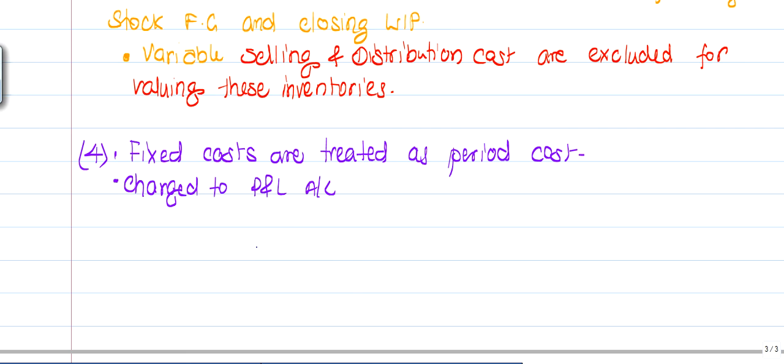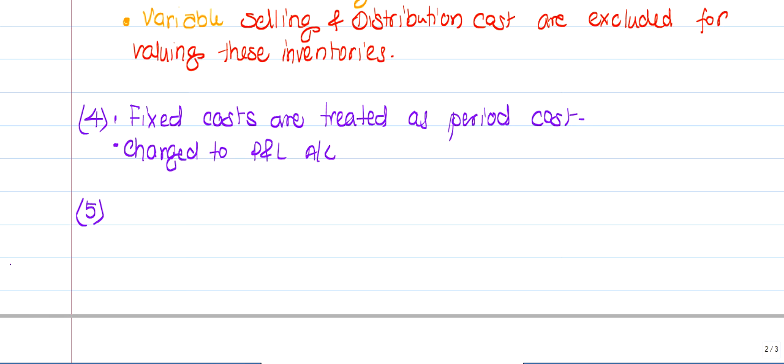When I say charged to P&L account, it is an expense to the P&L account, not for the particular product. If it is absorption costing, it is charged to a particular product, that we will see while taking absorption costing.